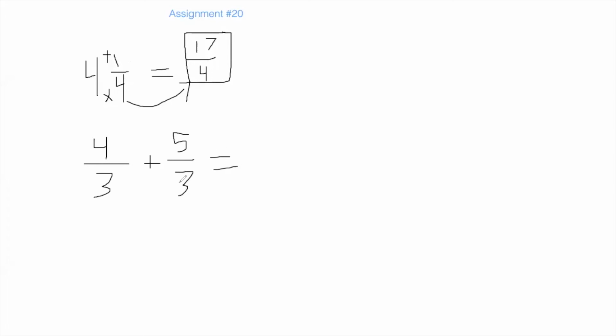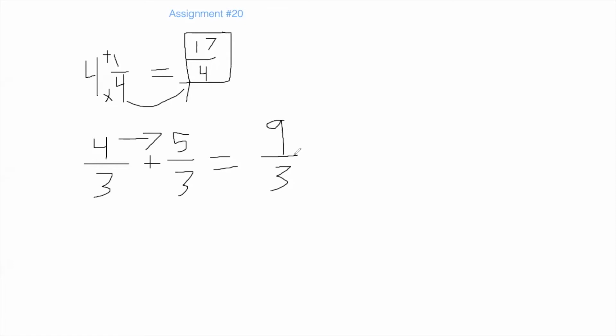So whenever the numbers are the same on the bottom, then it's a very, very simple equation, because whenever you're adding or subtracting fractions like this, if the numbers on the bottom are the same, then you just leave that on the bottom like that, and then all you're doing is adding the top number. So 4 plus 5, 9, and that's it, 9/3.